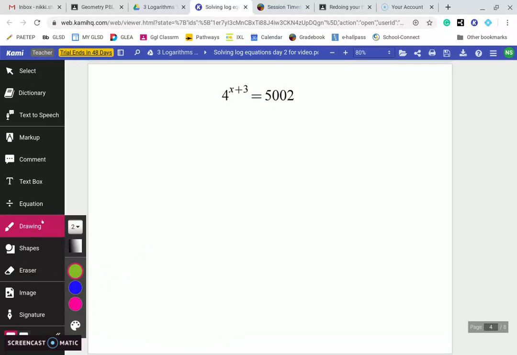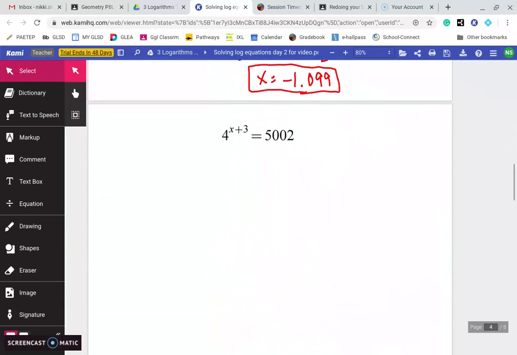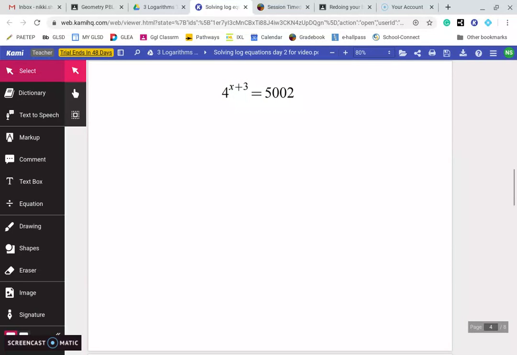So my exponential part is this right here. This is where the x is in the exponent. Okay, and that plus 3 is in the exponent, so I can't just subtract 3 from both sides. If you notice the previous example, that 6 was not in the exponent, so that's why I could do that step. But this one is in the exponent, so I can't do that.